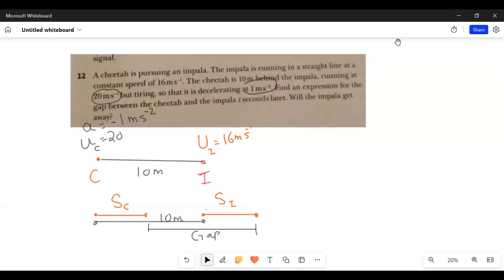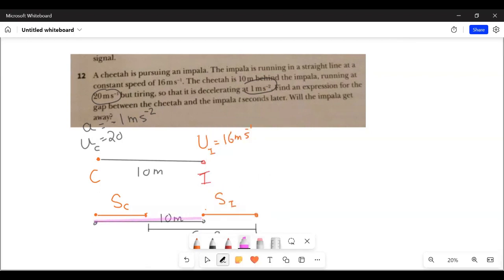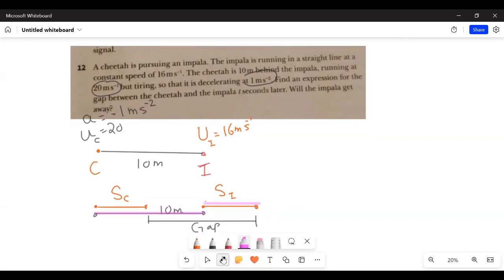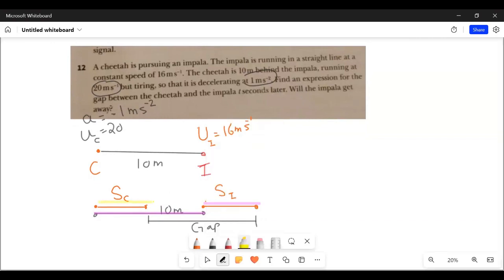Okay. Now we have to form an equation that has the distance covered by the cheetah, 10 meters, the distance covered by the impala, and the gap in it. So look at the lines that I've drawn. Notice that the sum of this line and this line, if you add these two distances, is the same as the sum of this distance and this distance.